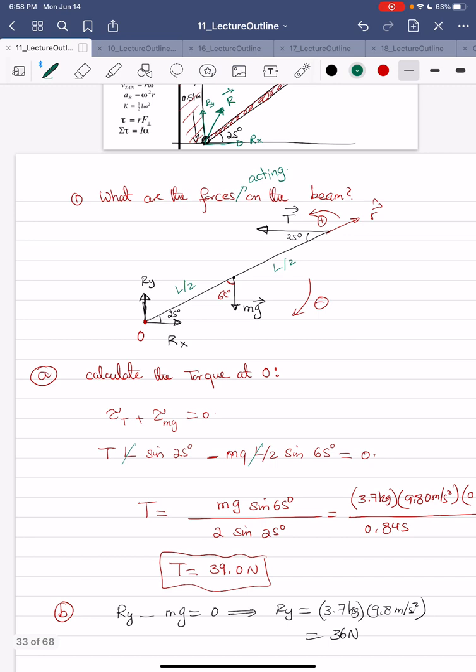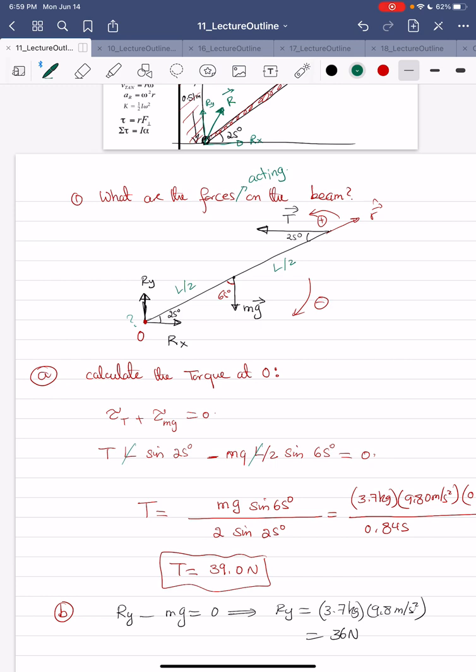Sometimes I might start with sigma Fx and sigma Fy, and sometimes I will start with the torque equation. Remember, for the torque equation, it doesn't matter where you locate your axis of rotation or your reference point for calculating torques. This is completely arbitrary, but I chose it here because I have Ry and Rx.